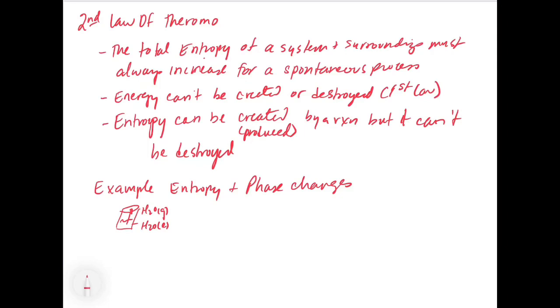So we have a phase change. The entropy change of the surroundings can be defined as the heat flow, meaning how much energy is transferred, divided by the temperature. So this is equal to Q over T.